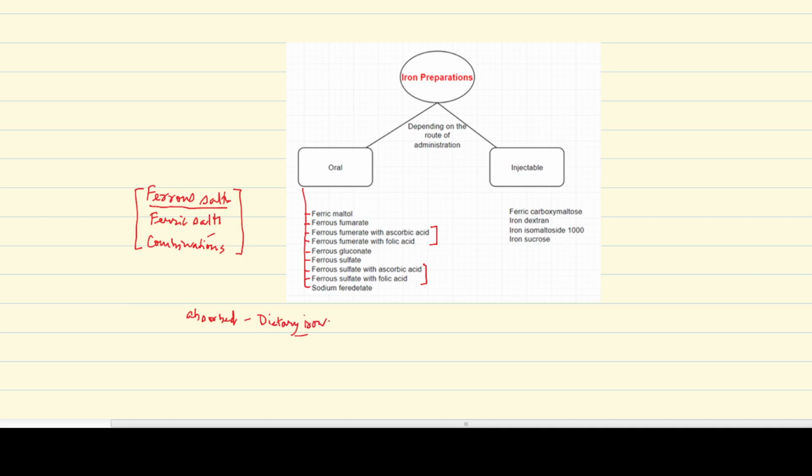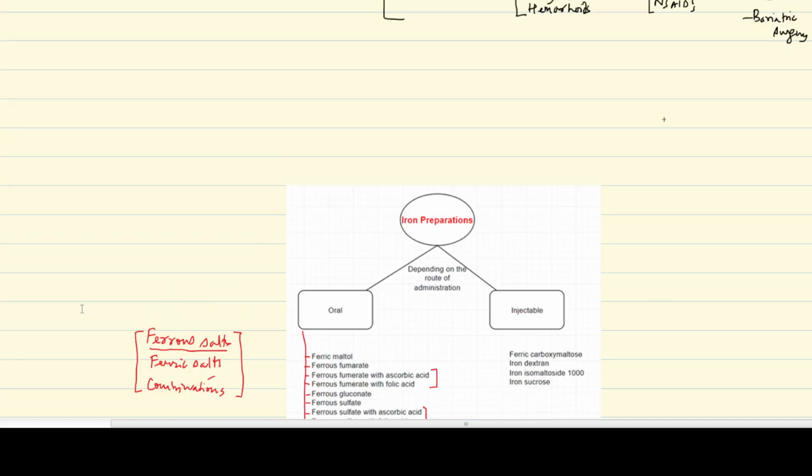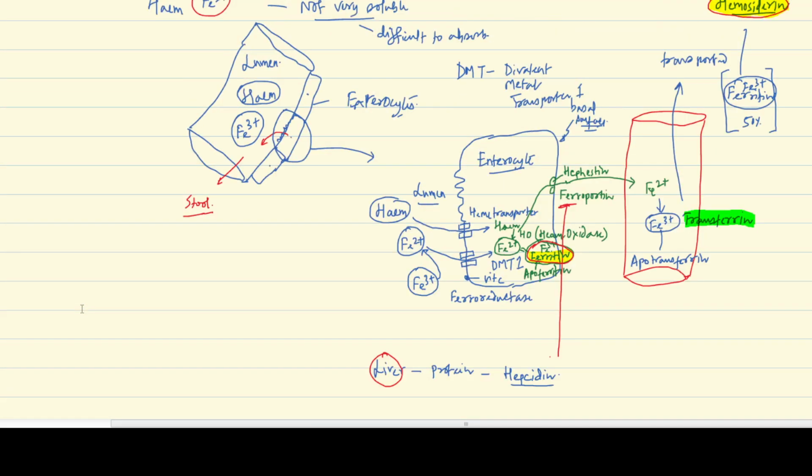In the previous lecture, we discussed the absorption of dietary iron, and how the different constituents of the diet containing iron salts are absorbed.